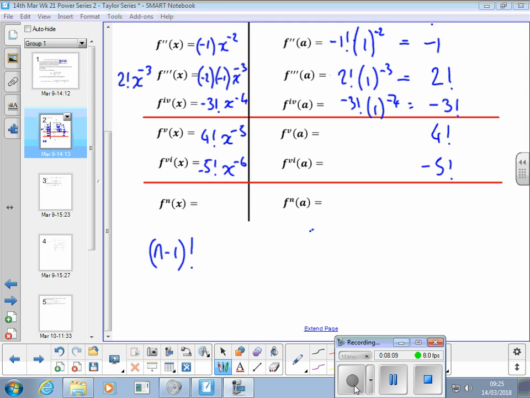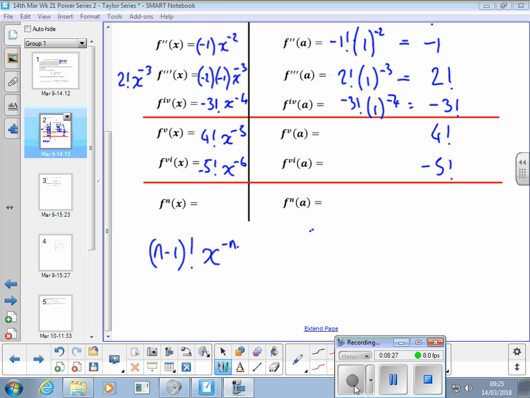So n minus 1 factorial, x to the power of minus n. Nearly there. What doesn't it deal with? The change in sign. Okay, we'll have a look at that in a minute.